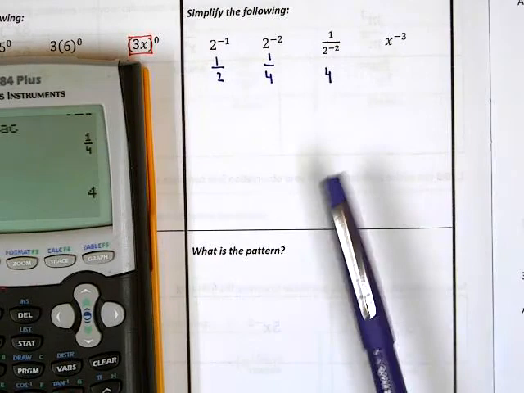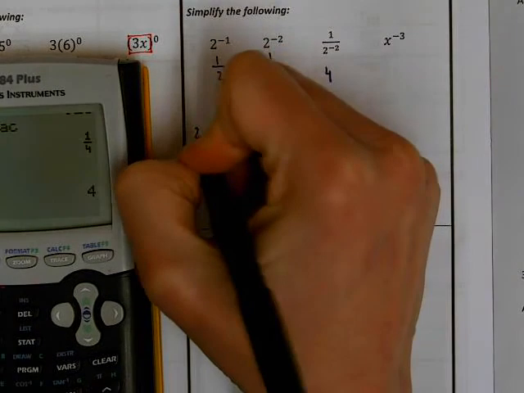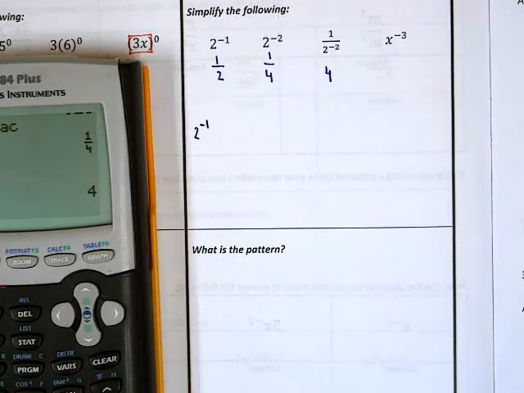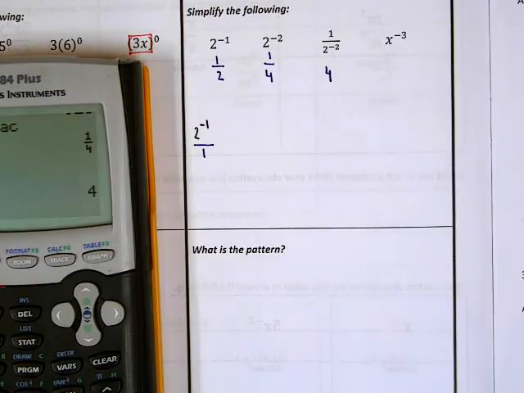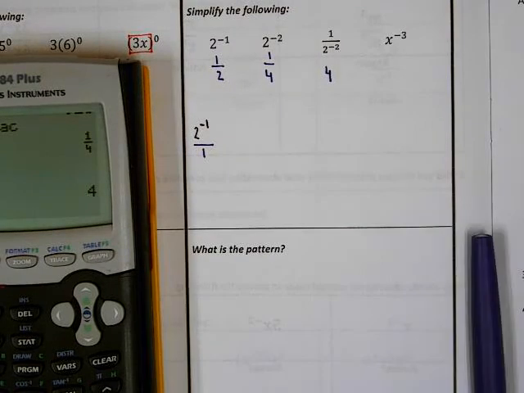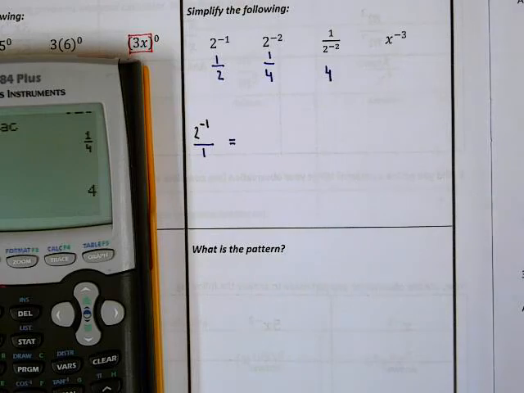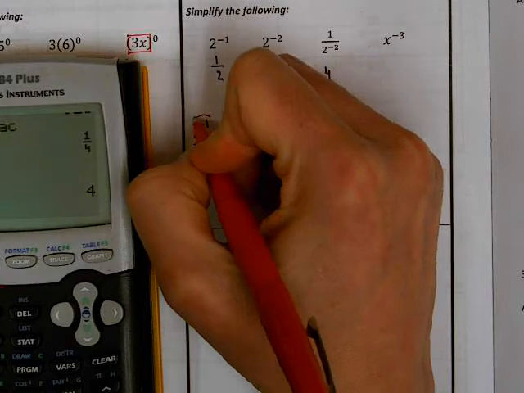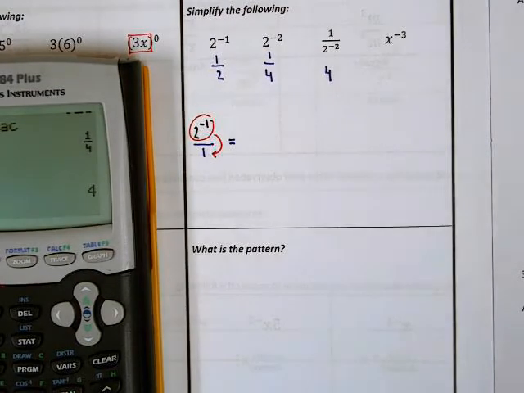So here's what's happening. If I took my 2 to the negative 1, we can think of that being over 1, right? We know we can make any number a fraction by putting it over 1. So when I have a negative exponent, what's happening is if I move this power to the denominator of my fraction, that exponent is going to turn into a positive.